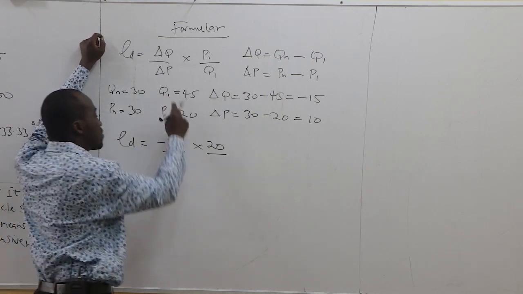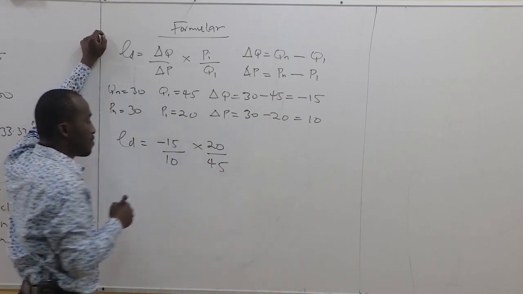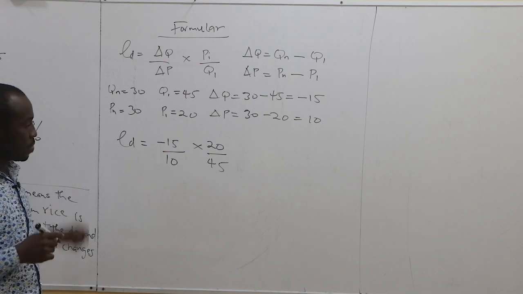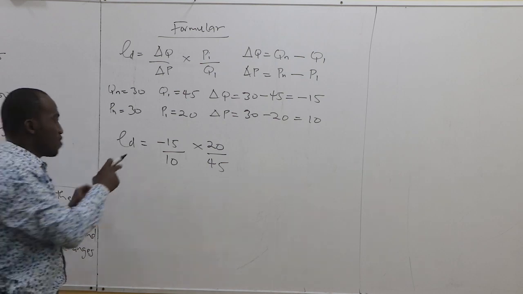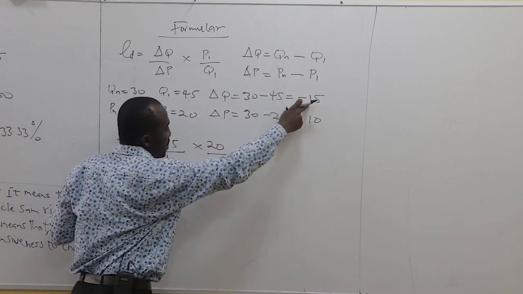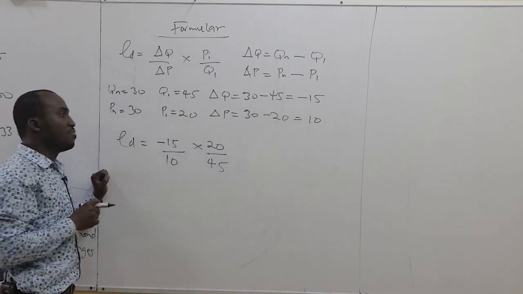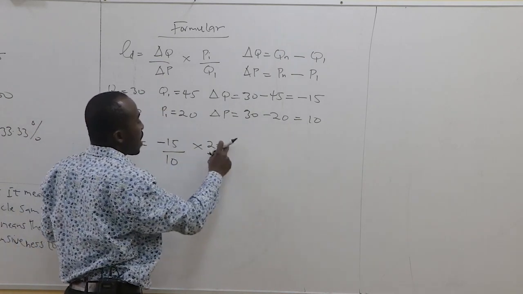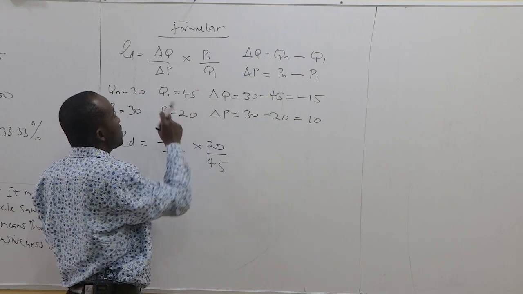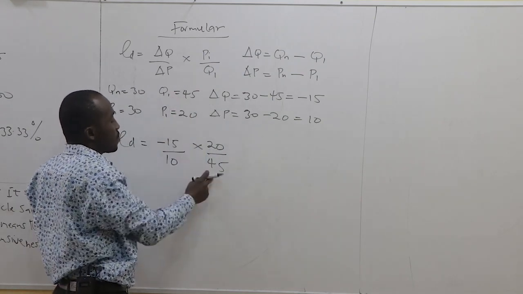The initial quantity is 45. So you have this: the change in quantity is negative 15, the change in price is 10, the initial price is 20, the initial quantity is 45.